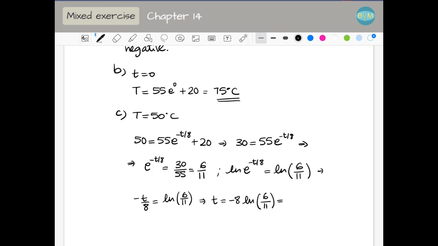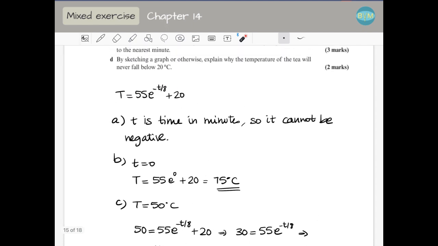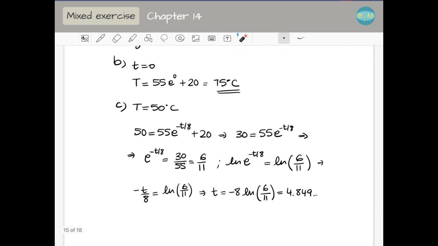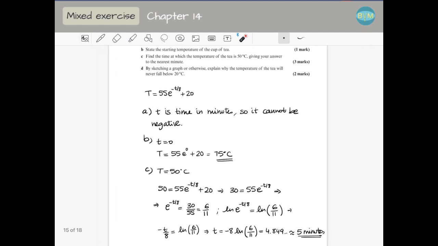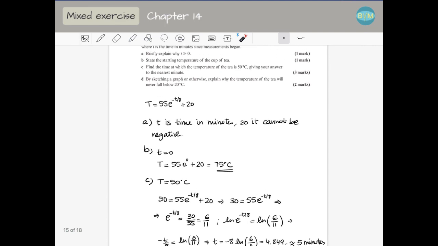You do this with a calculator and you get 4.849, and it says to the nearest minute. So this is going to be more or less 5 minutes. So it takes about 5 minutes for the cup of tea to be at 50 Celsius.